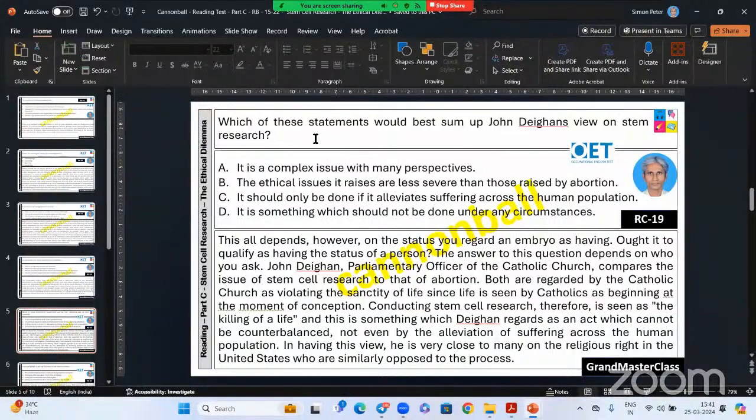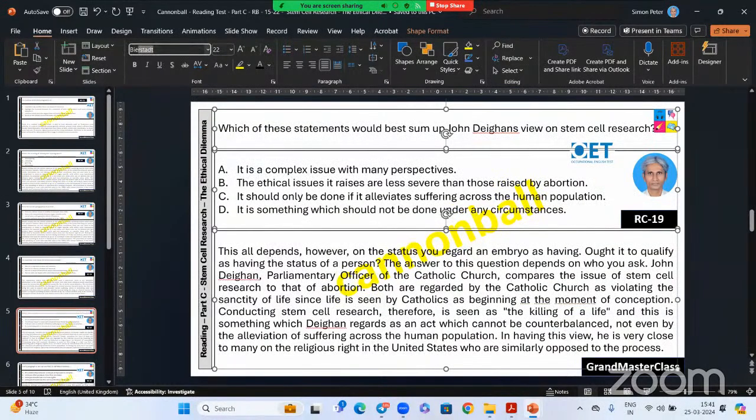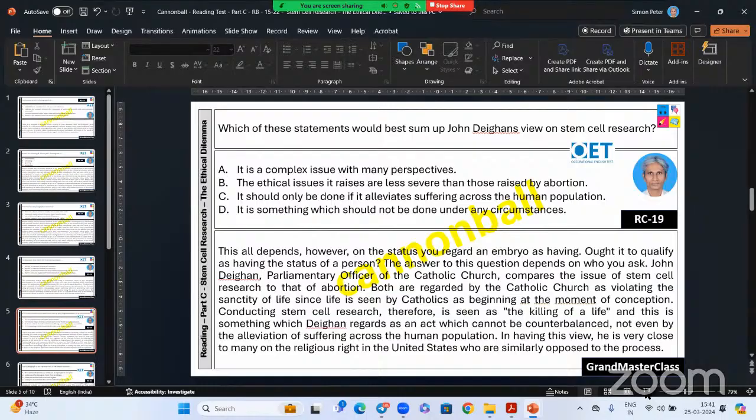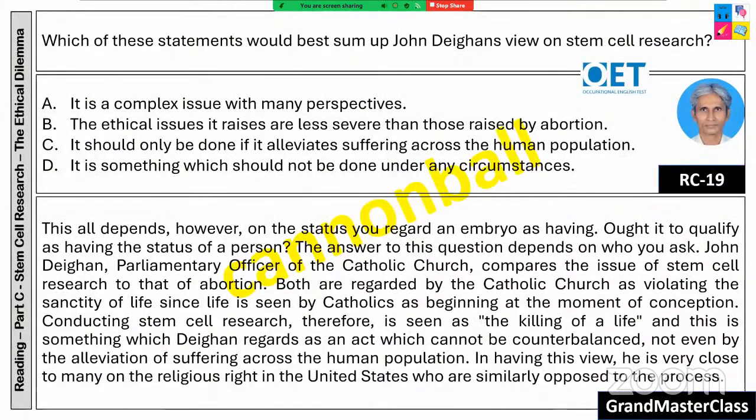Question number 5. So here we have 4 options. Go through the question.